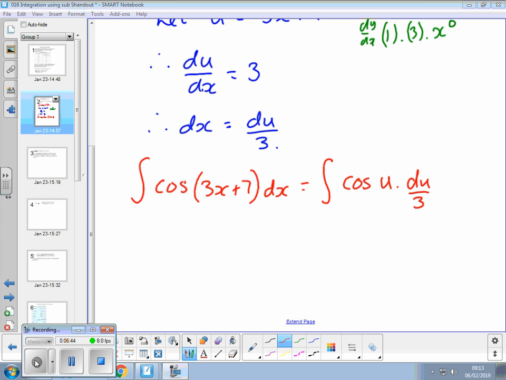Now, in our table, we've got function cosine, yeah. So we can now integrate. What happens with this 3 as a constant? So we could write that as a third du.